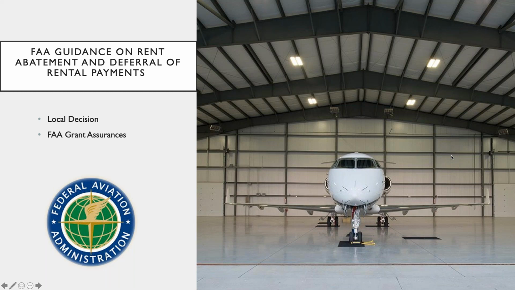So now that everyone is understanding what funding is going to what airports, the question, of course, is how to use that. And the airport sponsor is empowered to make a local decision of how to use those funds. That means it's within the discretion of the airport sponsor, but there are considerations and limitations.